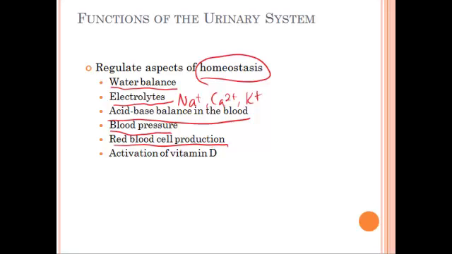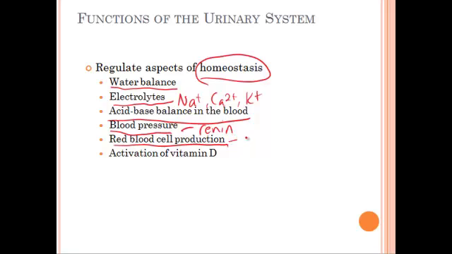The blood pressure hormone is called renin, and this is different than the rennin that we saw in the digestive system that helps digest milk. This is a hormone that is released by the kidneys into the bloodstream that helps maintain blood pressure.